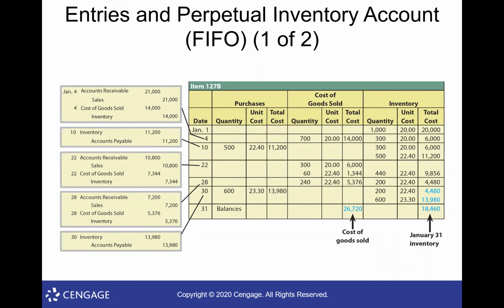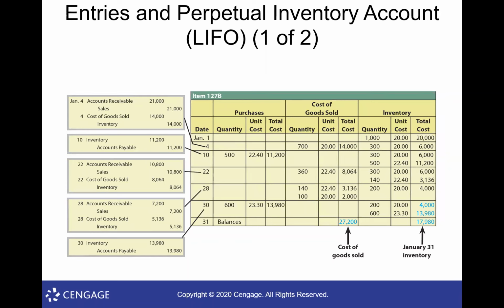Under last in, first out, we had these old units because they never got sold according to our assumption. If you take it step by step, line by line, it's pretty easy. If you start trying to think too globally, it gets really confusing really fast.